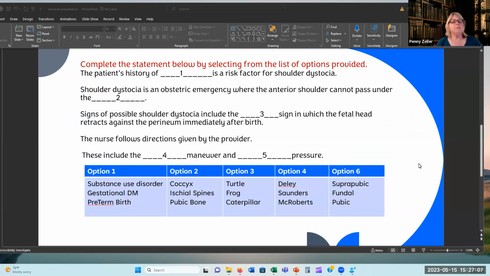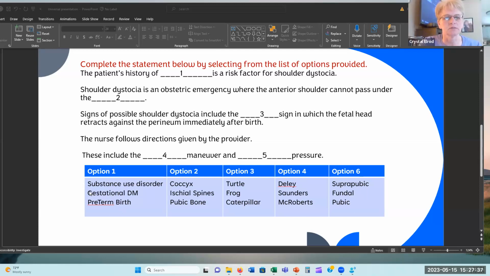Okay. So the patient has a history of what? And this is a risk factor for having a baby get stuck. Out of option 1, which one would be a risk factor for shoulder dystocia? Gestational diabetes. Yep.